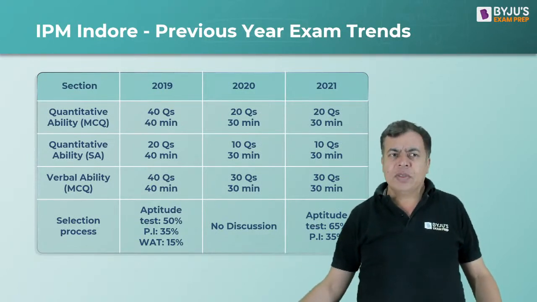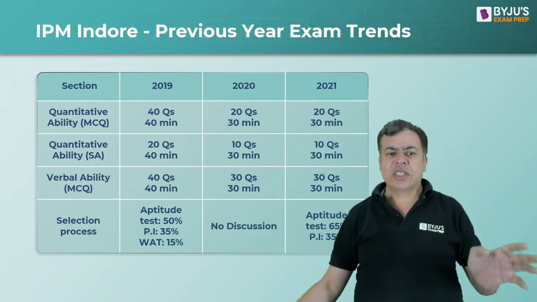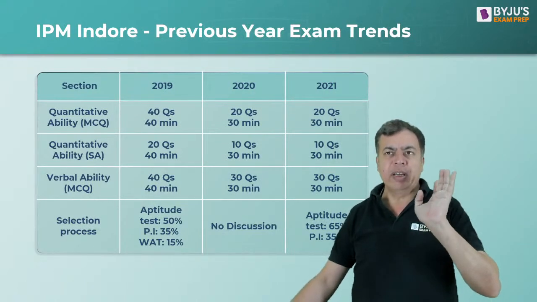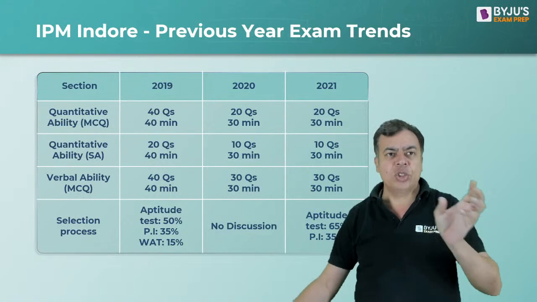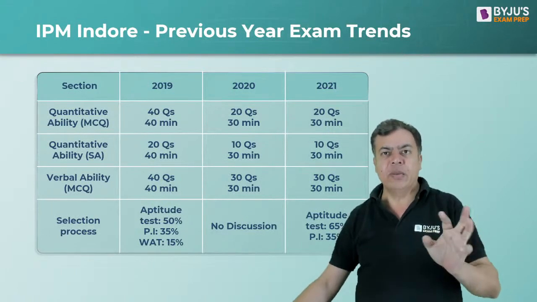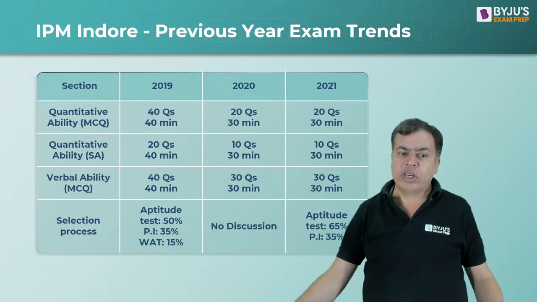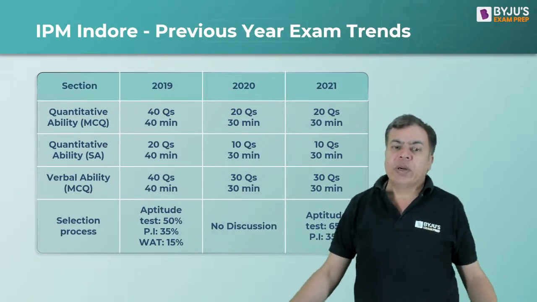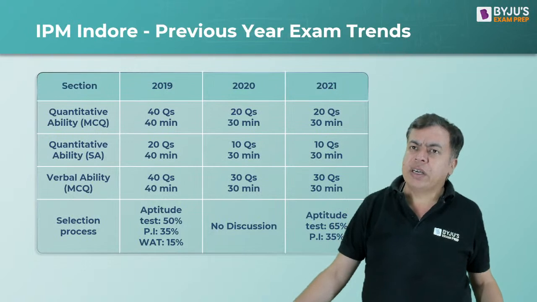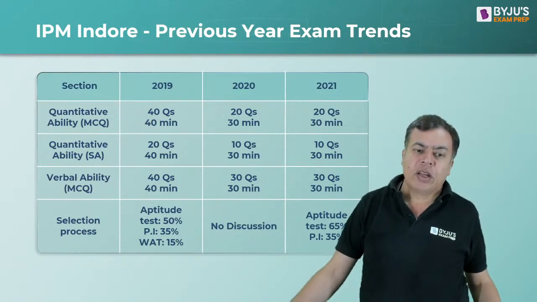The sections were the same: quantitative ability, quant MCQ, quant short answer, and then verbal ability MCQ. But earlier in 19 it was 40, 20, 40. In 20 and 21 it was 20, 10, 30. Now it is back to 40, 20, 40, right?